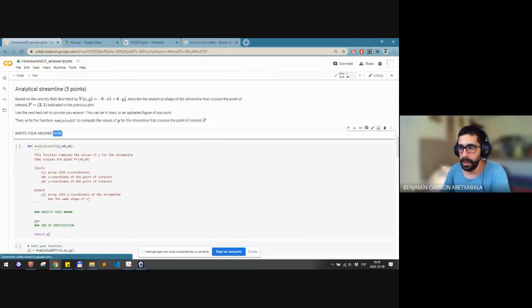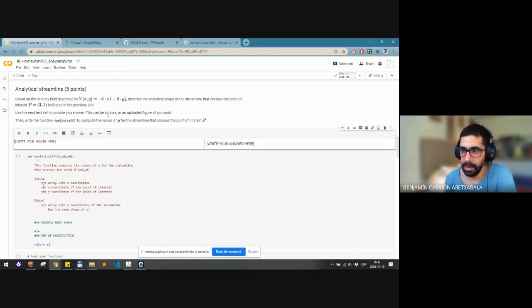So you should know that in order to define analytically a streamline, you need that the ds vector cross the velocity vector has to be 0.